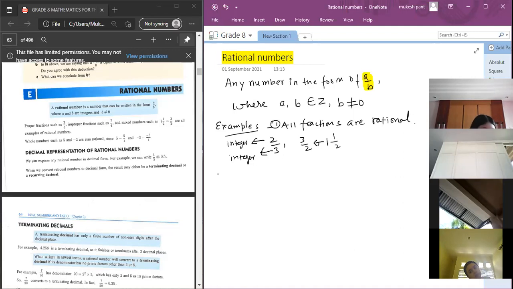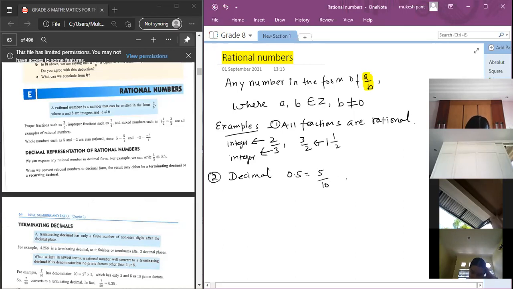Okay, now let's start from the decimal. Suppose we talk about the decimal. For example, if we have 0.5, so 0.5 means 5 over 10.